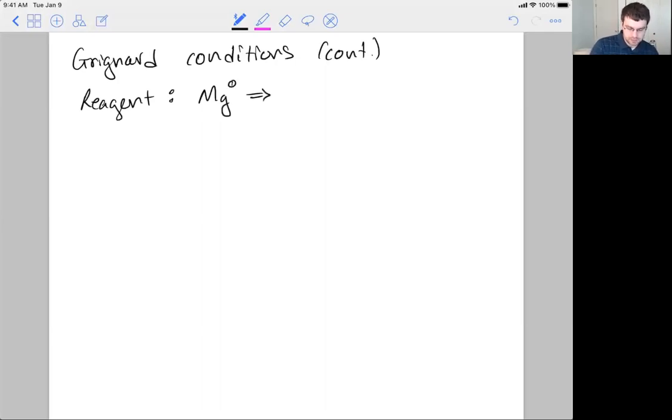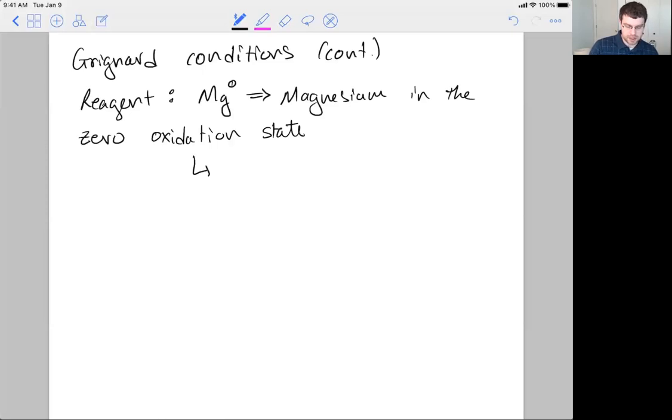This is magnesium in the 0 oxidation state. And when I see 0 oxidation state for a metal, what I'm noting is that this is metallic magnesium. So when you handle this, it actually looks like a metal as opposed to a salt.